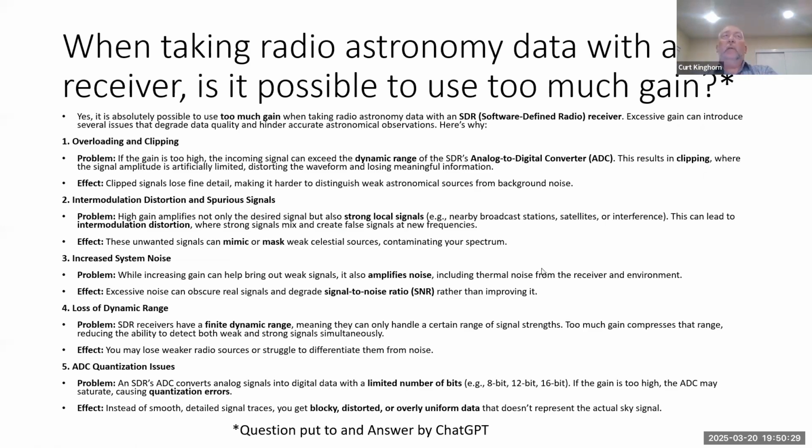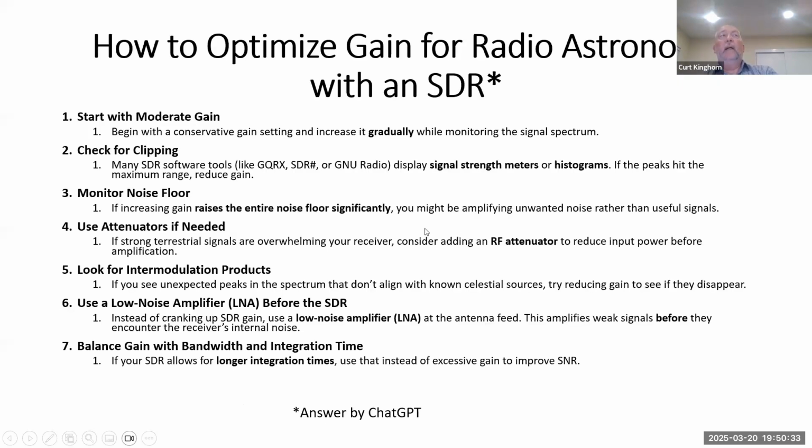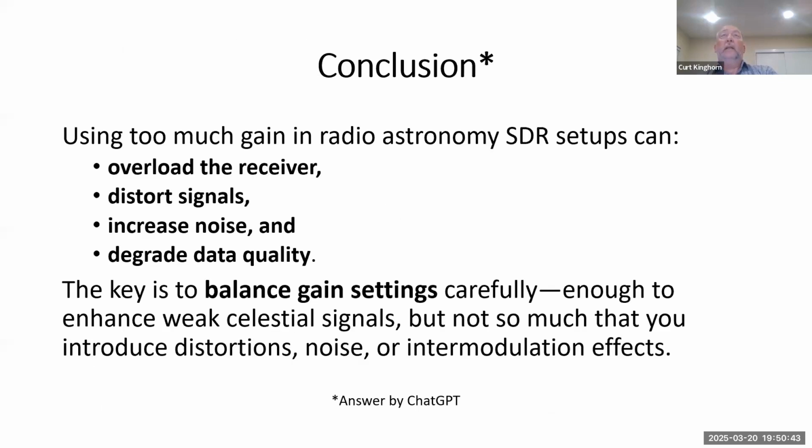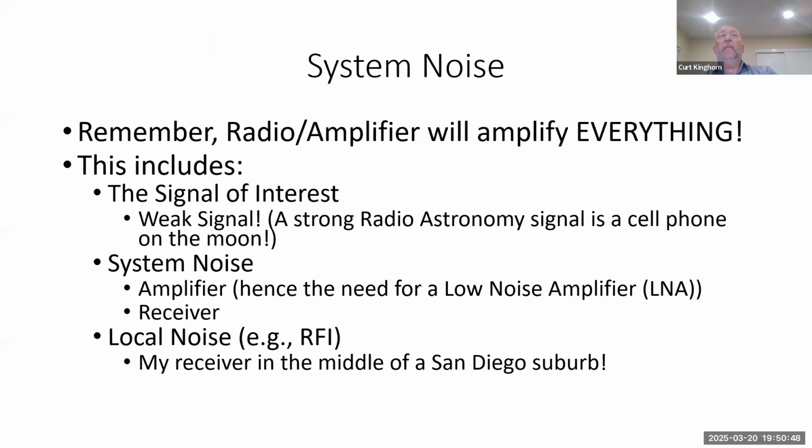And boom, it comes back with, yes, you're an idiot, and here's all the reasons why. And then it suggested on its own how to optimize it. Start with moderate gain, and well, duh, now I know. And here's their conclusion. So anyway, it's kind of useful to see that.